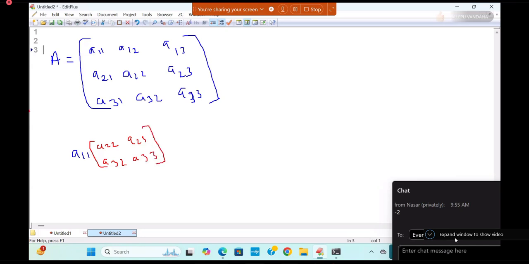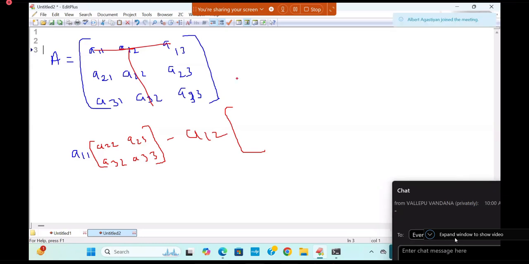Next, plus or minus? Minus. Next is called what? A12. A12 means this part and this part will go. What should I write? A21 and A23, A31 and A33. I need to write it like that. So I need to write it.